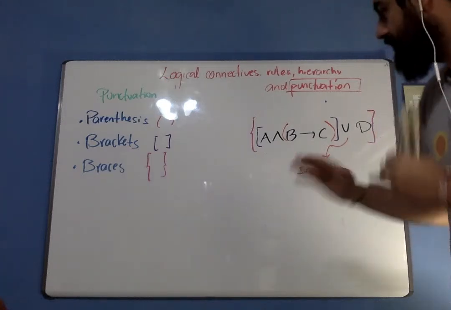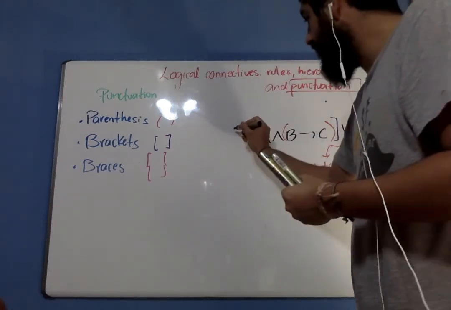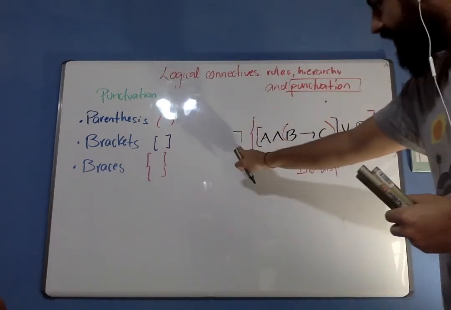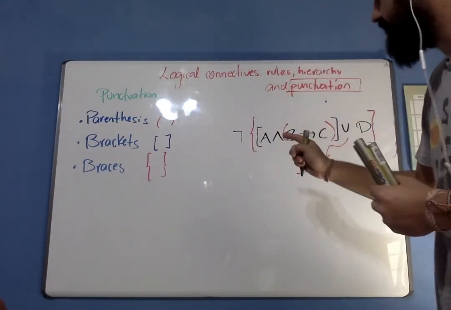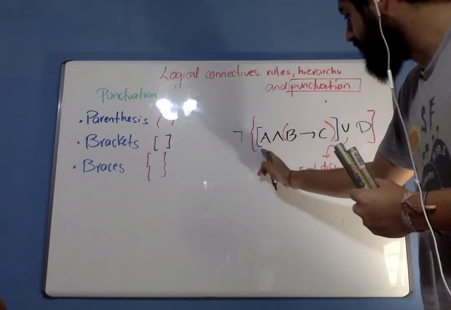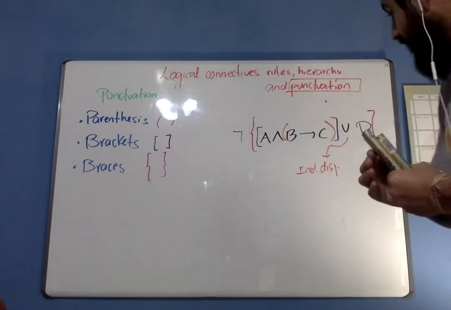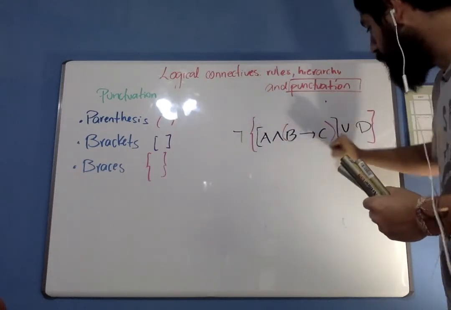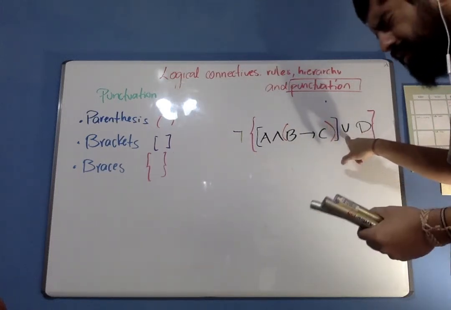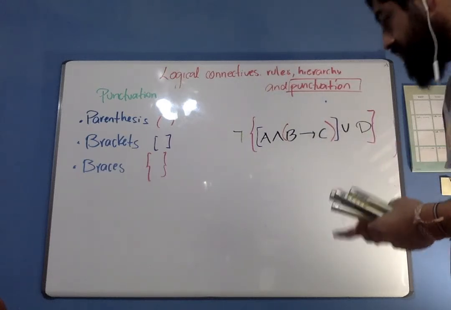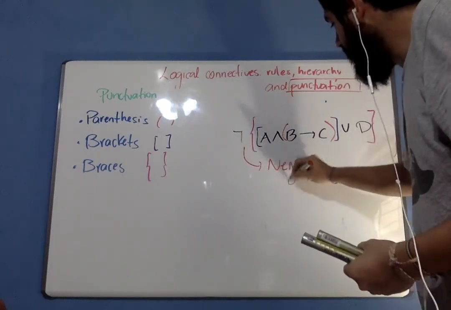Therefore, imagine that now we put a negation here. This negation is affecting the whole expression, what is inside the braces. And now the dominant logical connective is no longer the inclusive disjunction. The new dominant logical connective is going to be the negation.